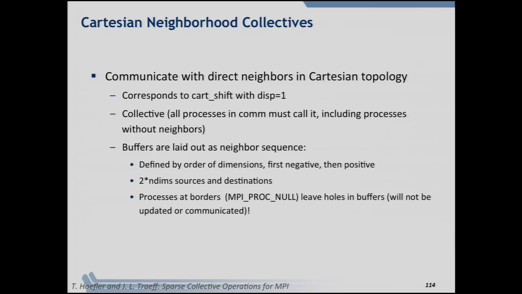So for example, you could set up a neighbor exchange, just like we've been doing, where you communicate with neighbors plus and minus 1 in each of the coordinate directions.